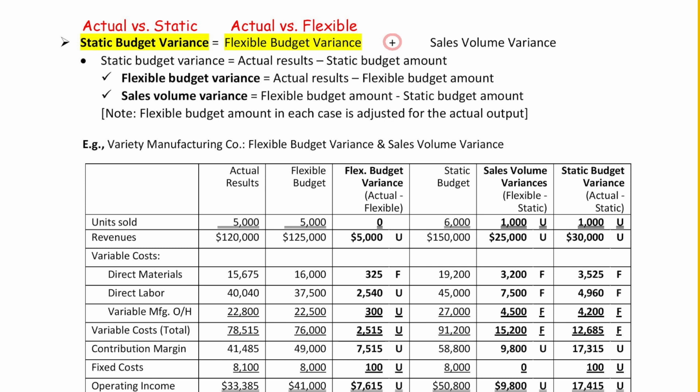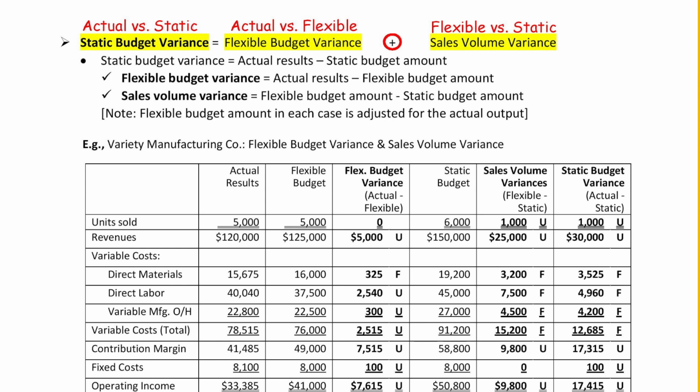Circle the plus sign and highlight sales volume variance. Now sales volume variance is flexible versus static. So once again, static budget variance is equal to flexible budget variance plus sales volume variance.